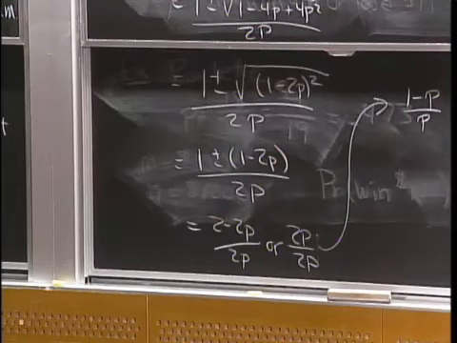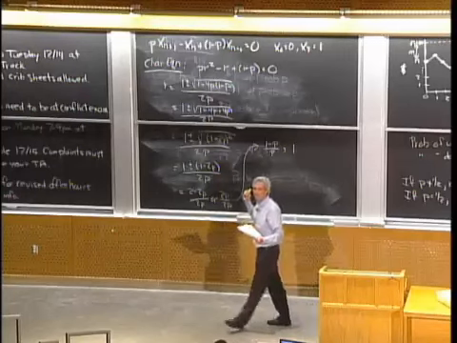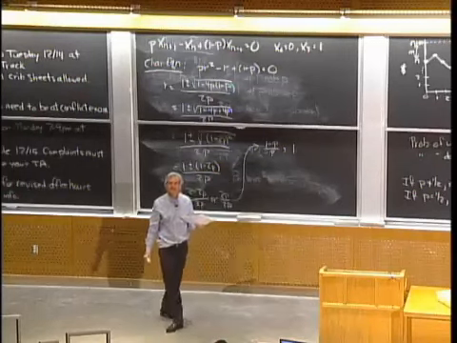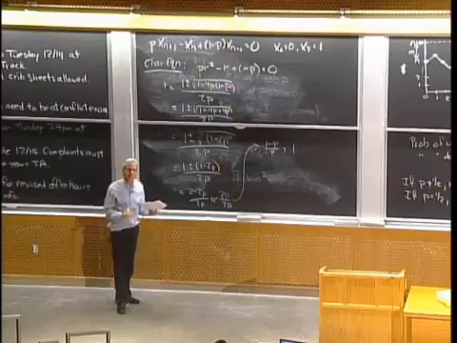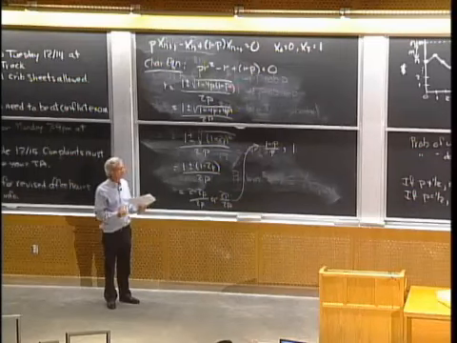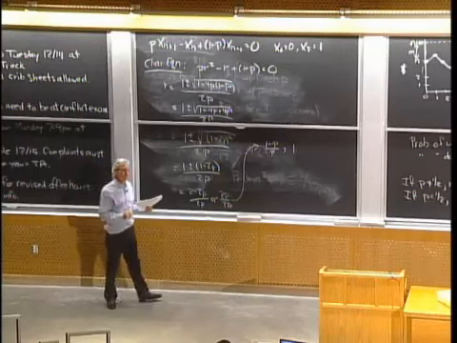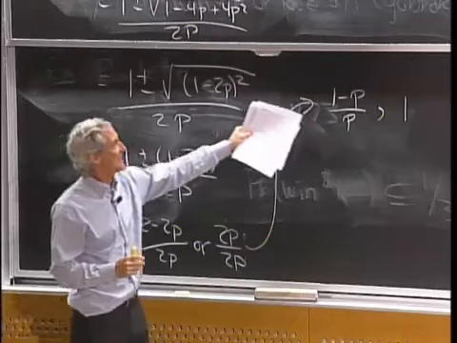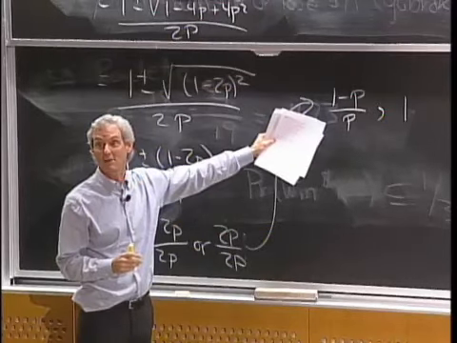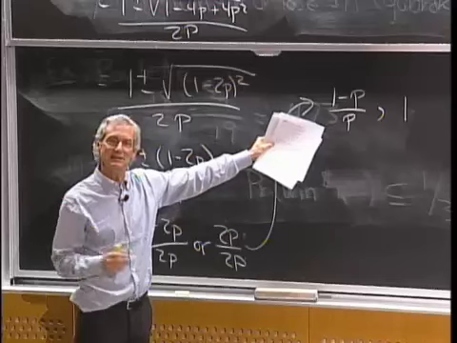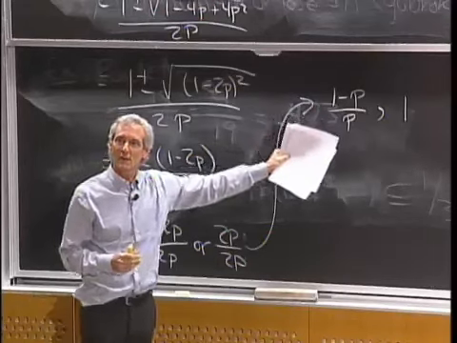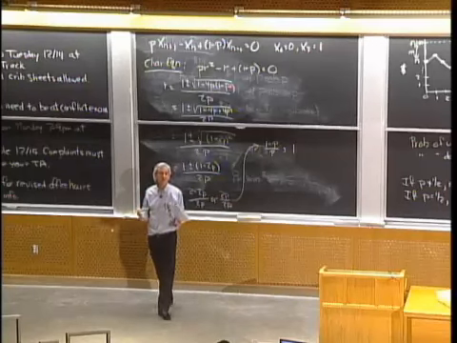Okay. Are these roots different? Do I have the case of a double root, or are the roots always different? Yeah, they're usually different. What's the case where these roots are the same? 0.5, which is sort of an interesting case in this game, right? Because if p equals a half, we have an unbiased random walk.